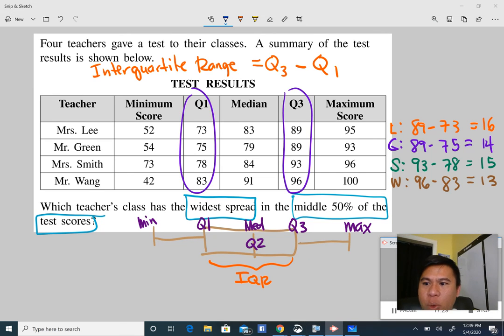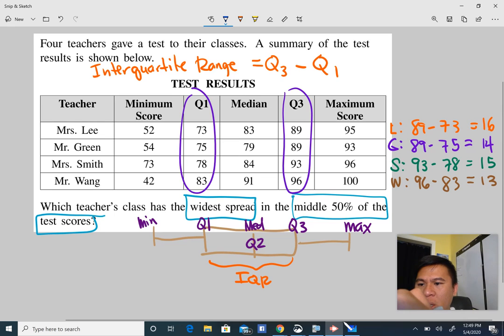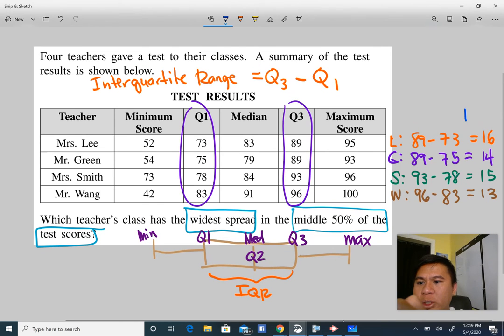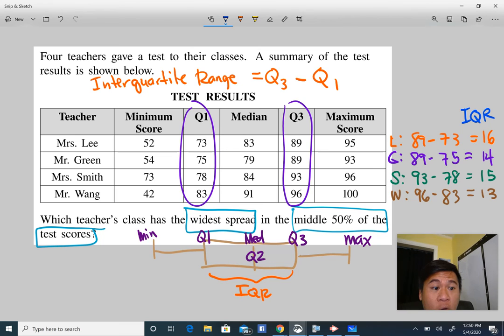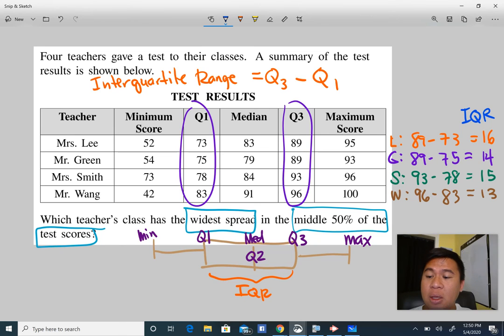So we have seen the following values for the interquartile range of each of our teachers. For Miss Lee, we got 16, it's 89 minus 73. For Mr. Green, that's 89 minus 75, 14. For Mrs. Smith, that will be 93 minus 78, 15. And for Mr. Wong, that will be 96 minus 83, 13.